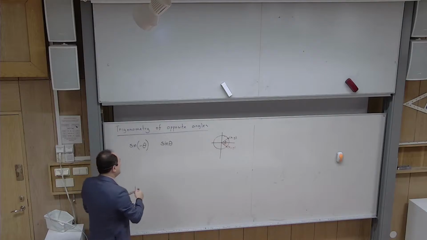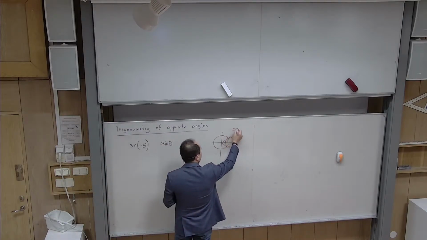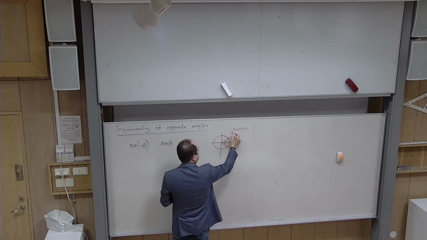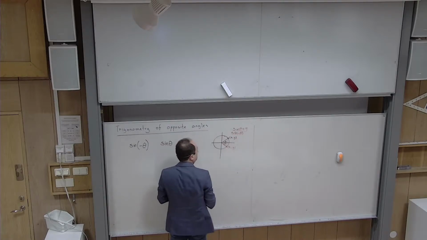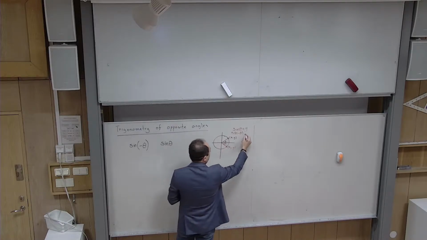Okay, and then if I ask you what is sine of theta, you would say sine of theta is this y coordinate. If I ask you what is sine of minus theta, you would tell me this is the y coordinate of this red point, which is minus y.